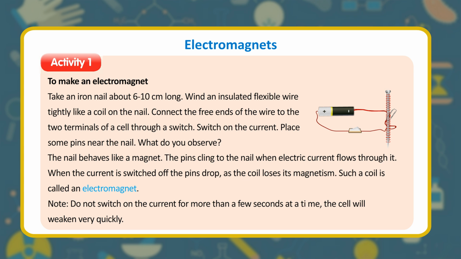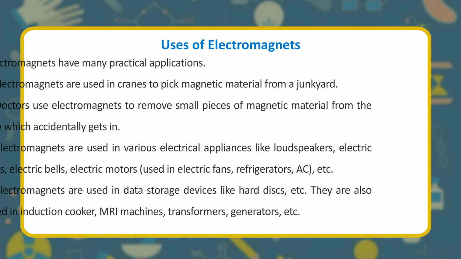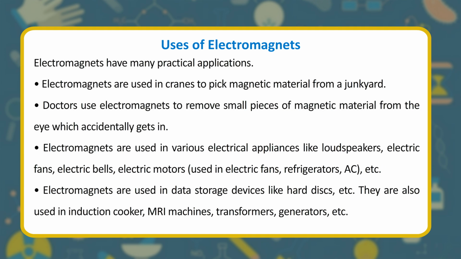Note: do not switch on the current for more than a few seconds at a time. The cell will weaken very quickly. Uses of electromagnets. Electromagnets have many practical applications. Electromagnets are used in cranes to pick magnetic material from a junkyard. Doctors use electromagnets to remove small pieces of magnetic material from the eye which accidentally gets in.